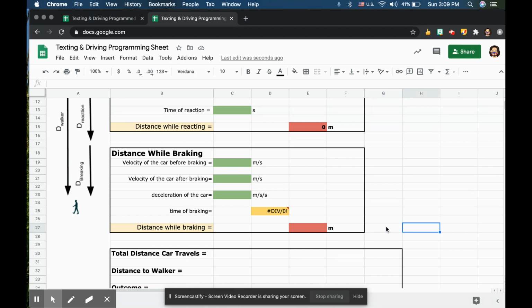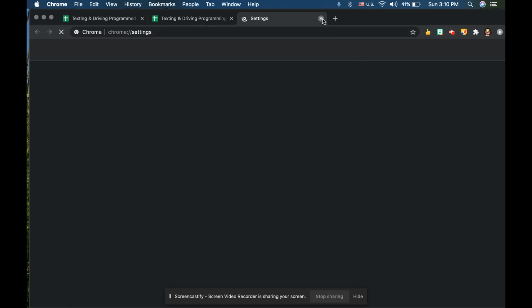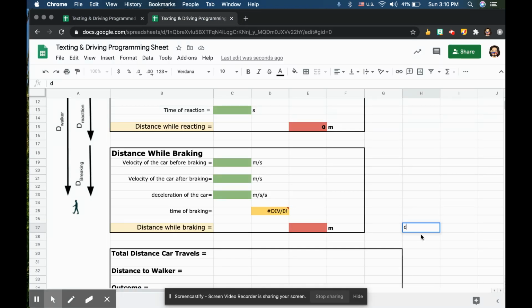Distance of braking is equal to 1/2 acceleration times time squared plus my initial velocity times time. I'm just going to leave that there so I can remember this is the equation that I'm using.